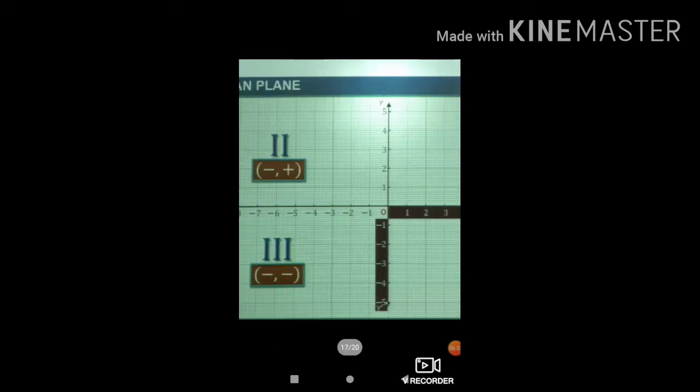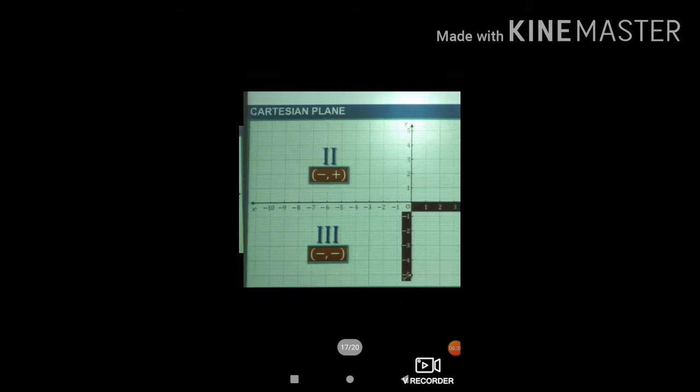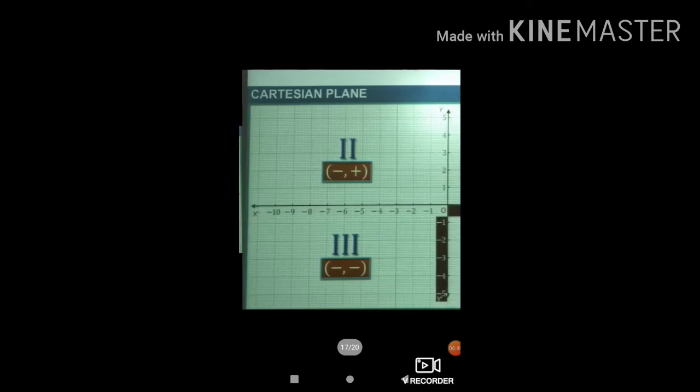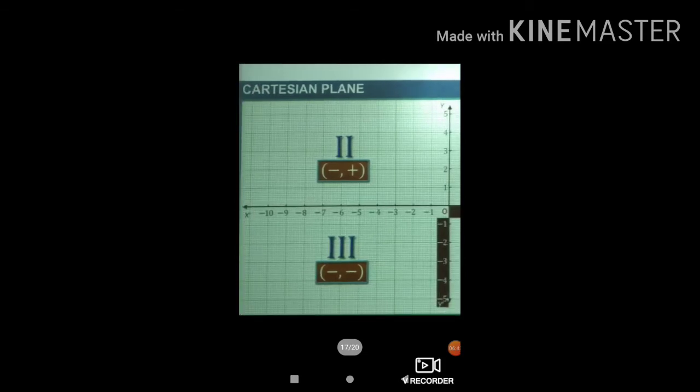Now move to the second quadrant. This one, Ox dash. Look at the second quadrant only: Ox dash and upside go, so Oy. If you look at the Ox dash, you will find that these all are negative numbers: -1, -2, -3, -4, -5, -6, -7, -8, -9, -10.